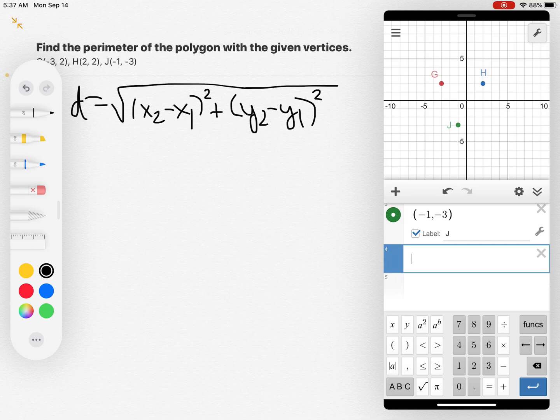So let's go ahead and do that. I'm going to start with G to H. So if I have -3, 2 is G, and oops, I didn't mean to write H, I meant to write 2, 2. Actually, let's look at that. From G to H, it's a horizontal line, so we can actually skip using the distance formula, which is a nice thing to do.